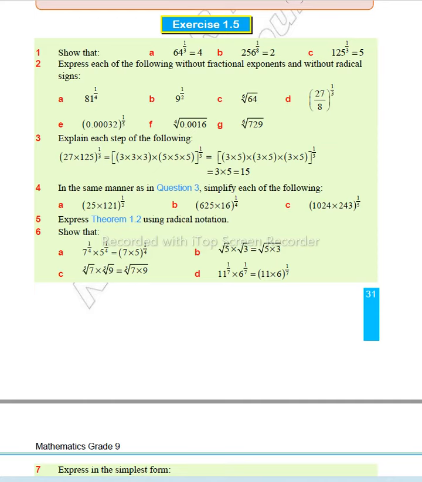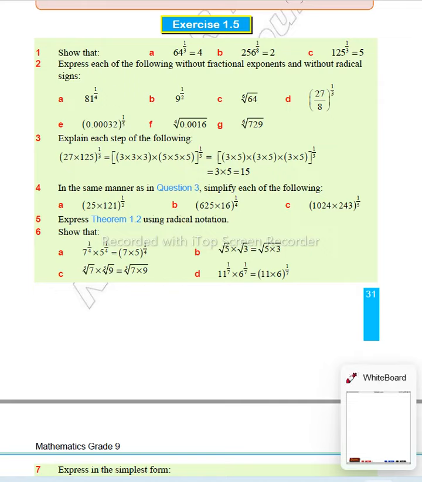Let us do A, C, E, and G. We jump by one letter, because most of them are the same.